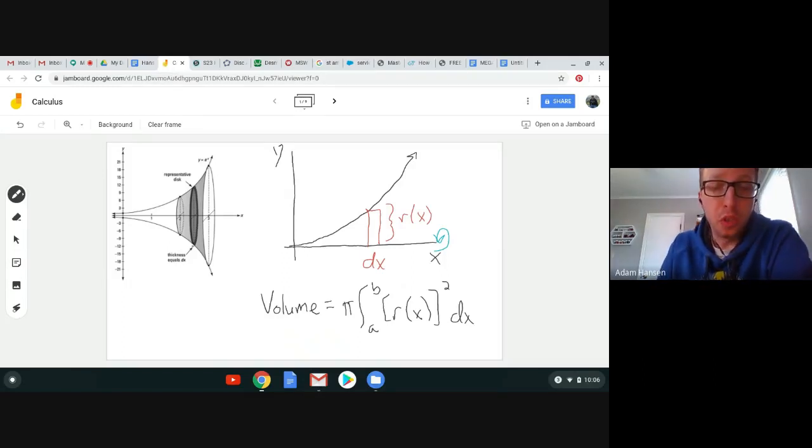What we're going to do is create a solid by revolving a region about an axis. Sometimes it's the x-axis, y-axis, or another arbitrary line.